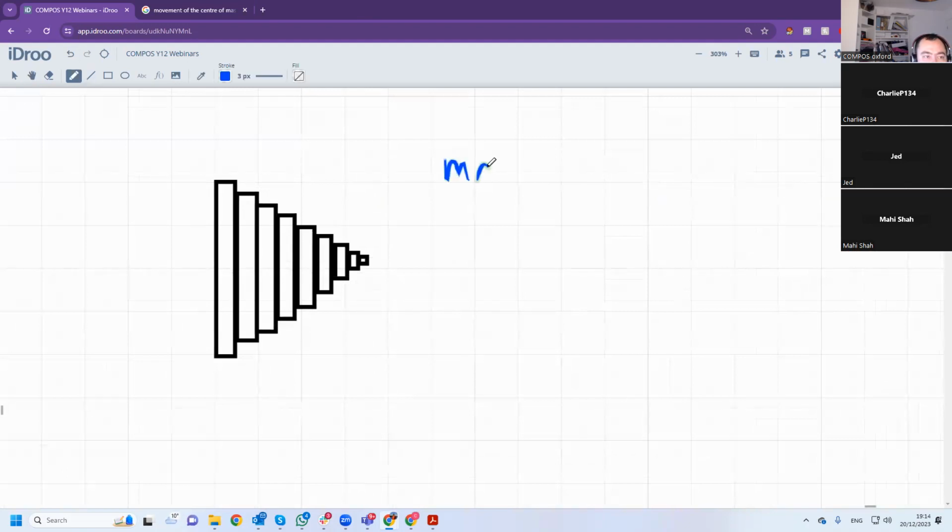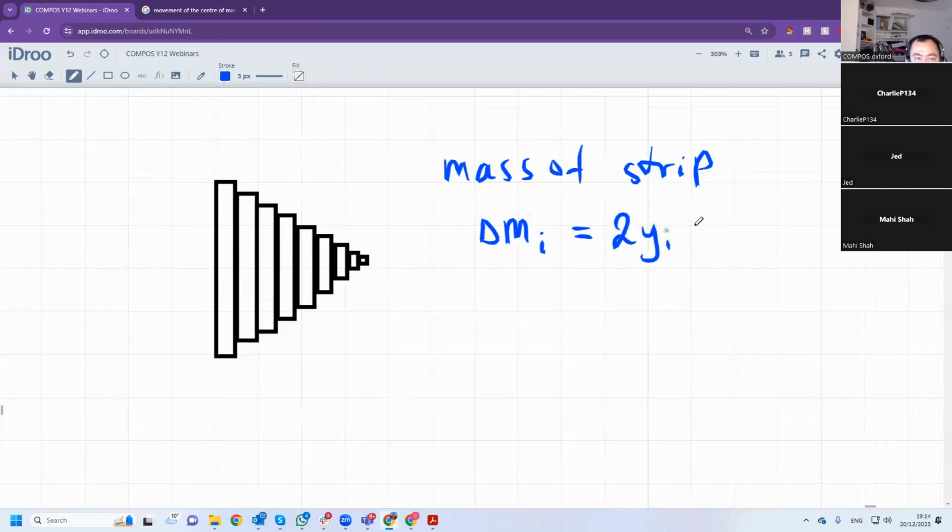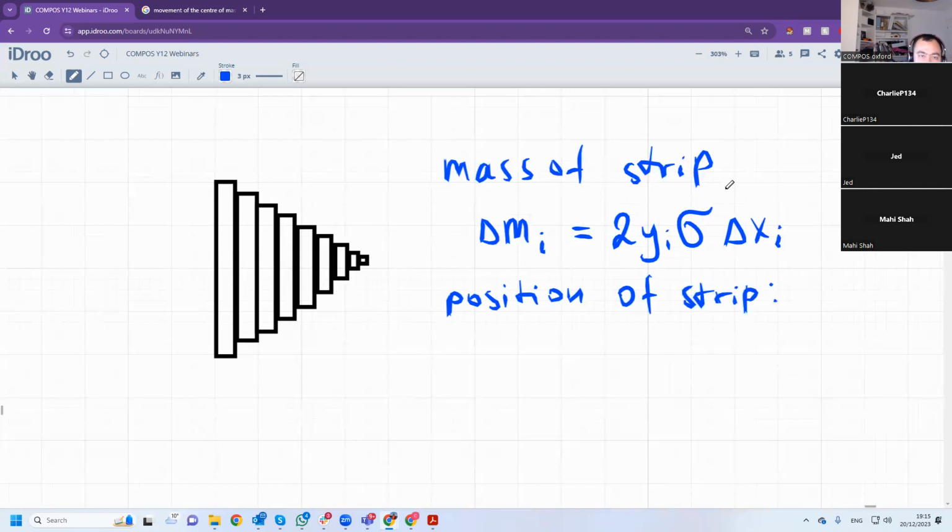So the mass of each strip, delta mi, is equal to 2yi multiplied by sigma multiplied by delta xi. Yes, perfect. The position of the strip is xi. Very straightforward.